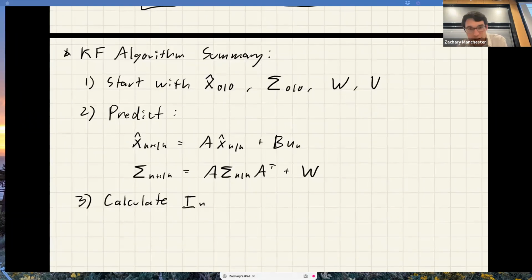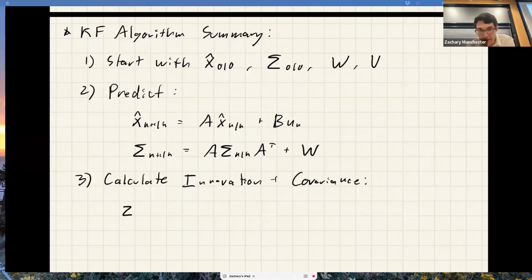Okay, so we do this, then we calculate the innovation and its covariance. The other thing worth mentioning is that it's totally possible, and often done in practice, that you might have different sensors that are asynchronous. Like I might get an update from a camera at one rate and an update from an IMU at a much higher rate. I might have a bunch of different sensors coming in asynchronously.